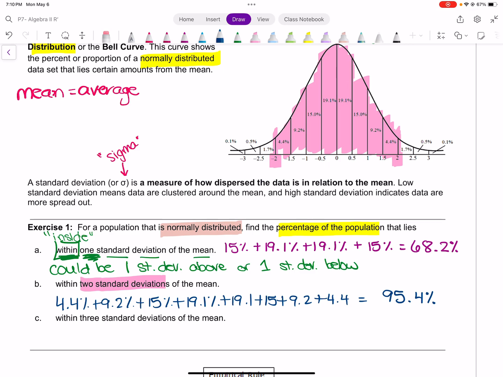Next, we're going to add up the 3. So now it says how many are within 3 standard deviations. So now we're going to go to the -3 and the +3, and we're going to add up all the percents that are between them.